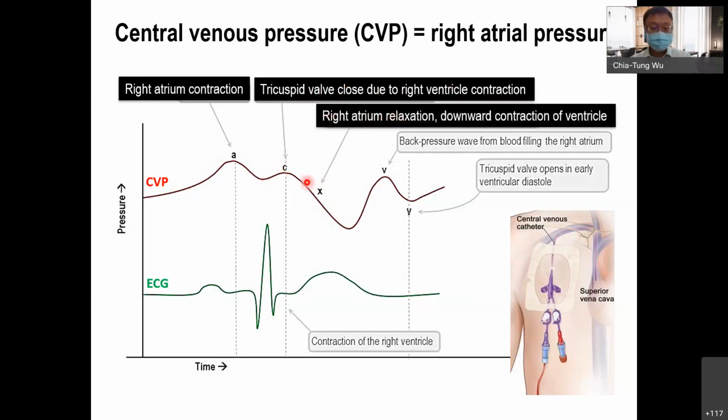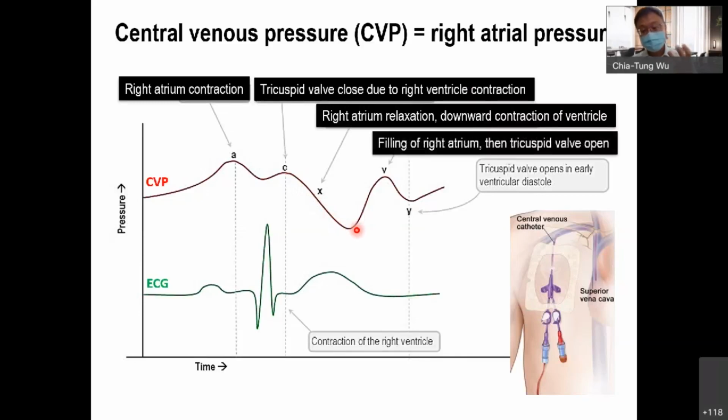Then the right atrium keeps relaxing, so the pressure keeps going down. Then the blood comes back to the right atrium from the SVC, from the IVC, from the other veins of our body. So there's atrial filling, and the pressure in the right atrium rises. We call it the V wave.